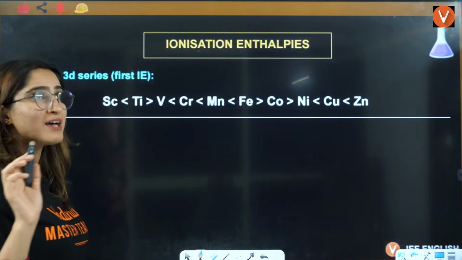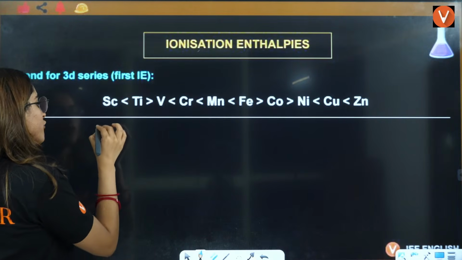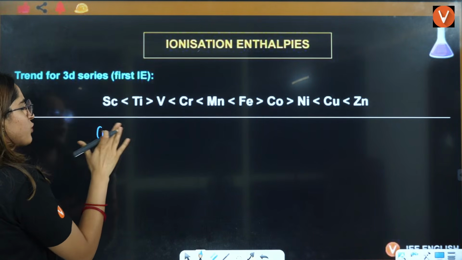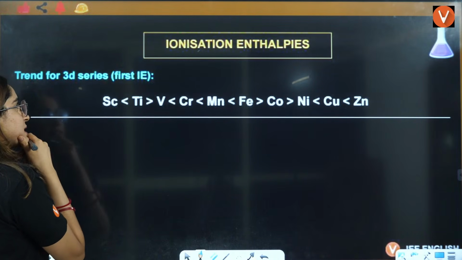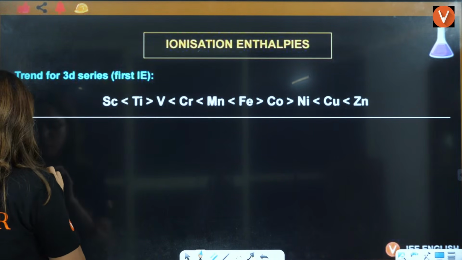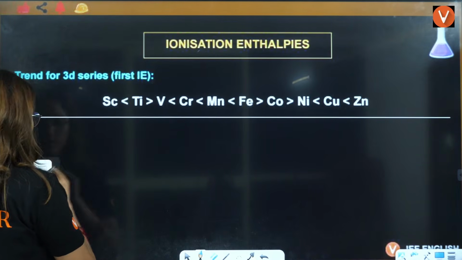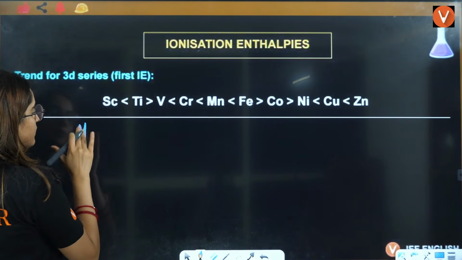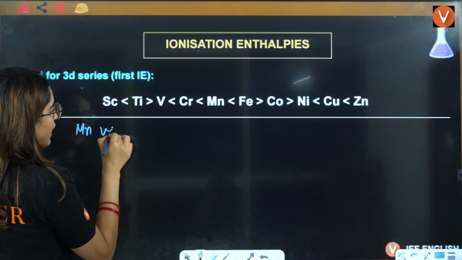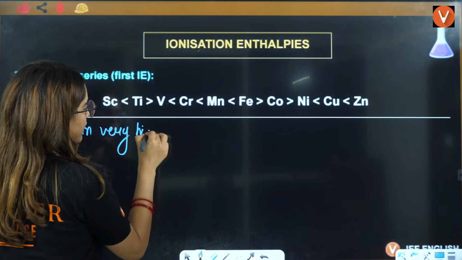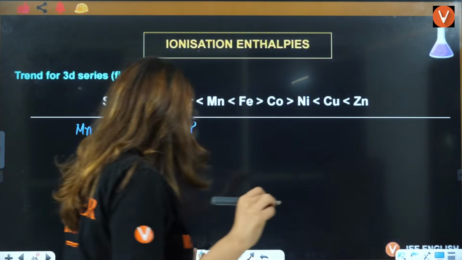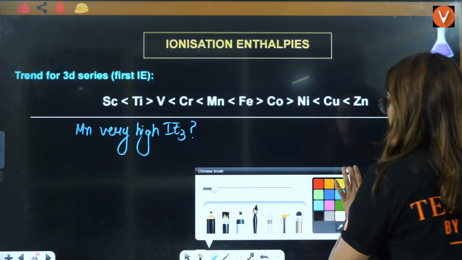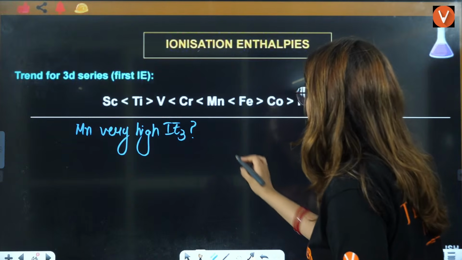The first question they can ask is, let's talk about manganese. Manganese has very high third ionization enthalpy. Can you tell me the reason here? Whenever these kinds of questions are there, how will you answer?